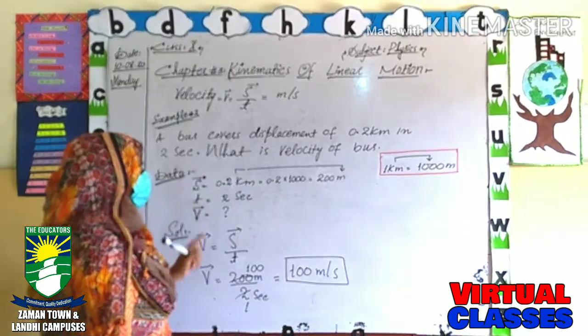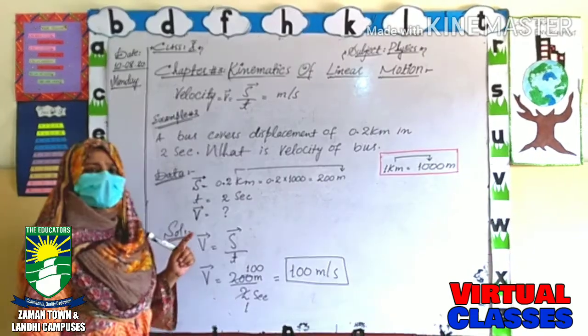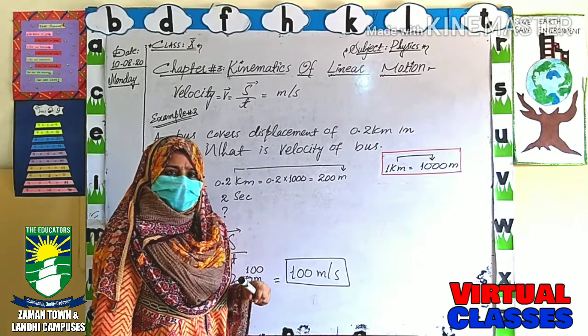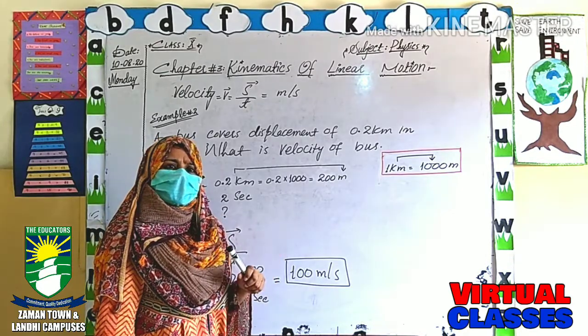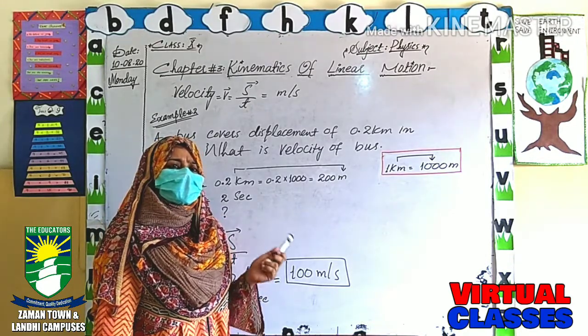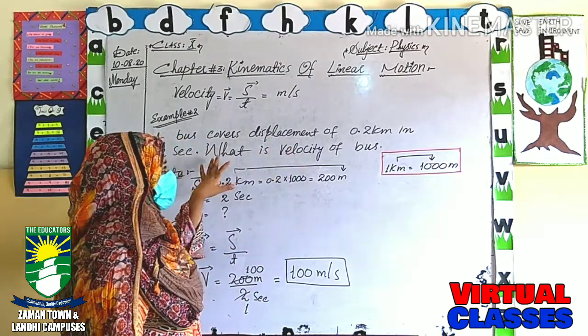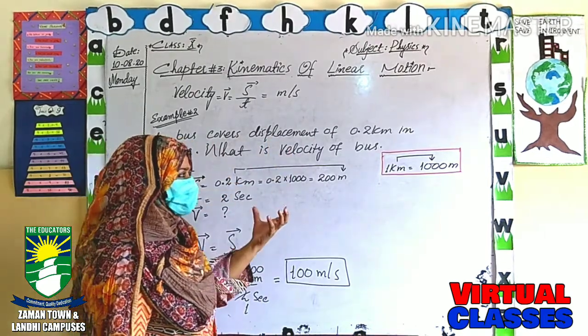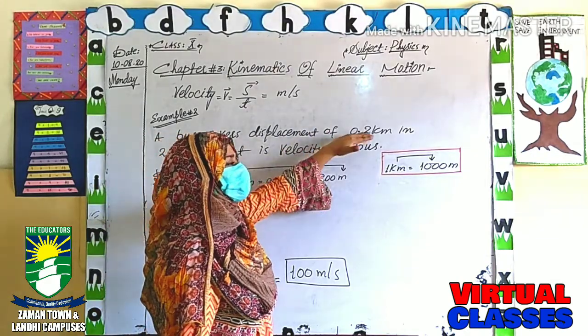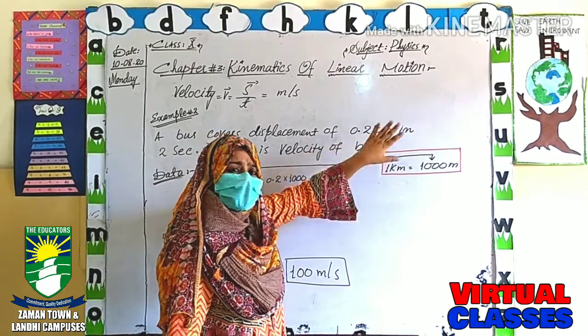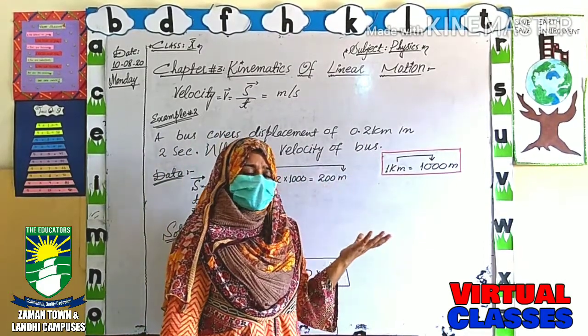So what you have just seen in these two examples, we have to calculate the velocity. In both the examples, the given values are the same: the distance was given and the time was given. What was the difference? In the first one, the displacement was given in the meter, while in the second one, the displacement is given in kilometer.